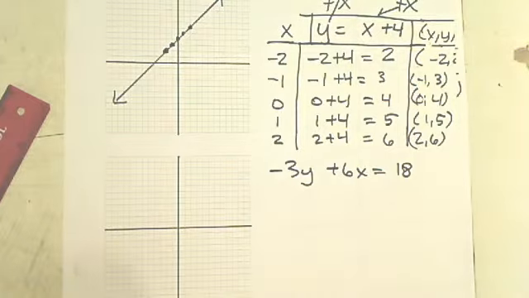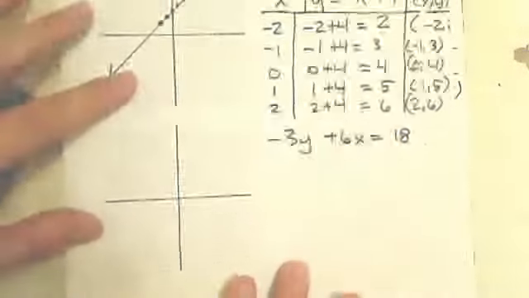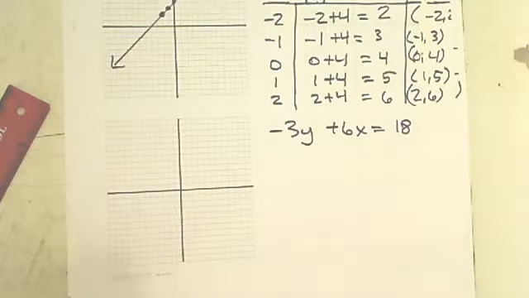So again, solve for y equals first. Solve for y equals first here, but you have to do some adjustments. You have to subtract something and you have to divide by something.